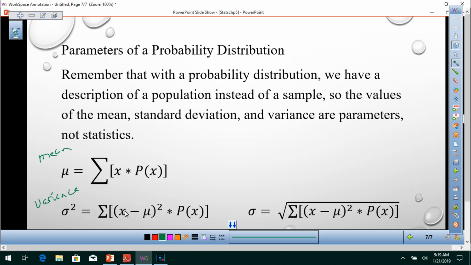Sigma squared is the sum of x minus the mean squared times p of x, and the standard deviation is the square root of the variance, or the square root of the sum of x minus mu squared times p of x. All right.